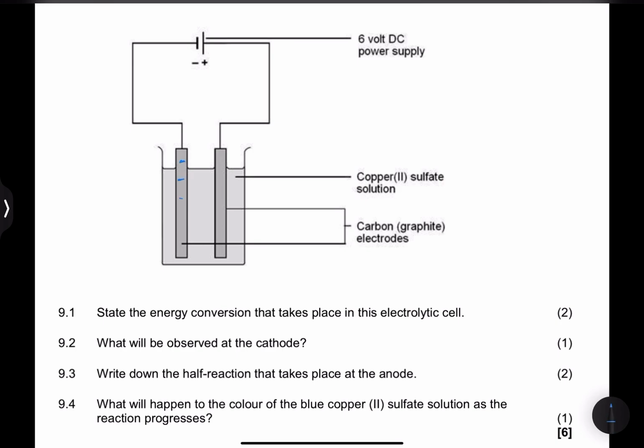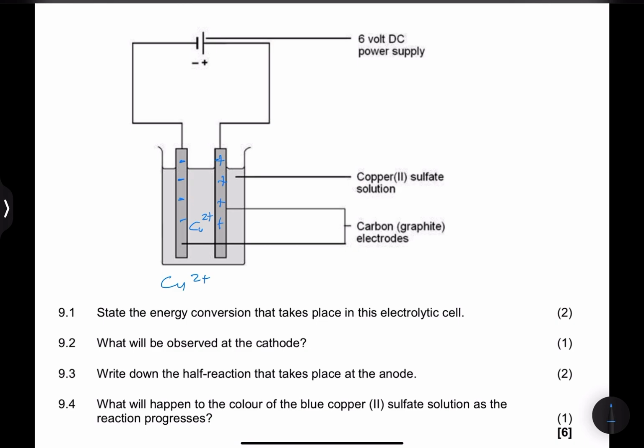So this side becomes negative because it's connected to the negative part of the cell, and this side becomes positive. So now what's going to happen? Remember, you've got copper sulfate, which means that you've got copper 2 plus ions in the solution.